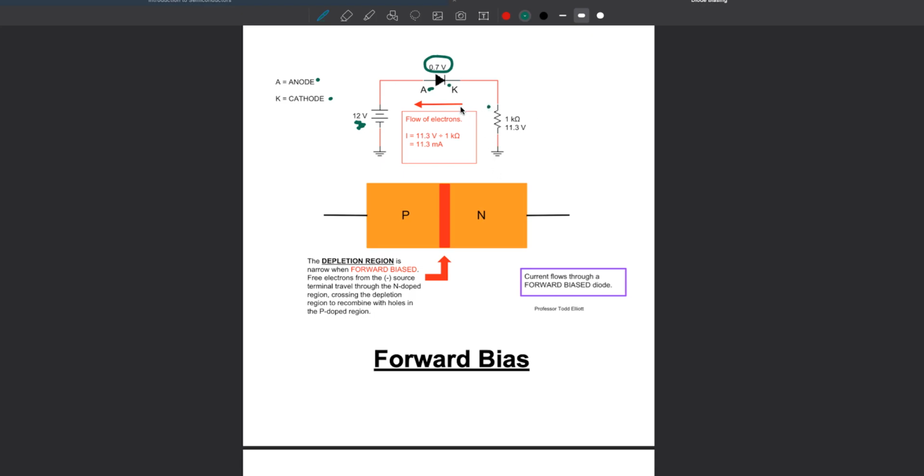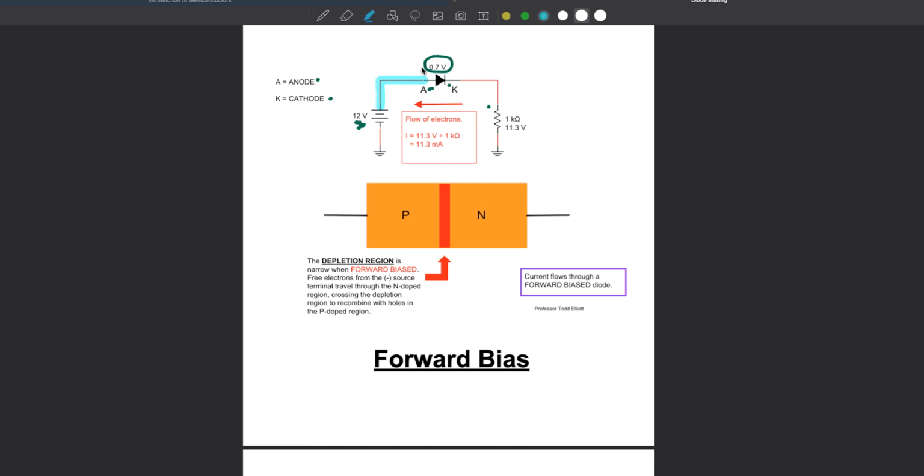Because the anode, this is the side here, is going to the positive source, this is like the positive side of the diode, right? We know this diode is going to be forward biased, and the flow of current, if you use conventional flow, is going to be positive to negative like this.